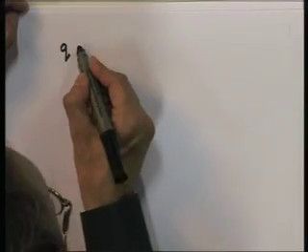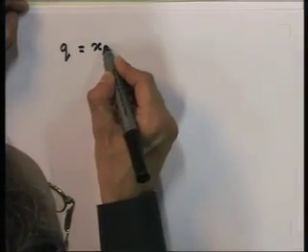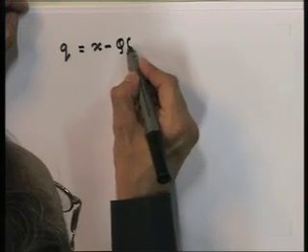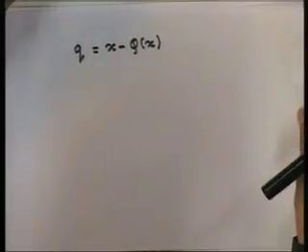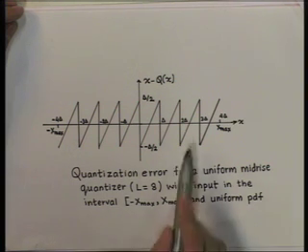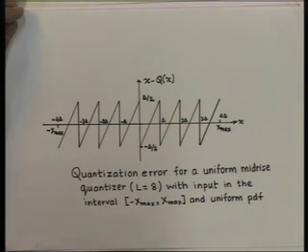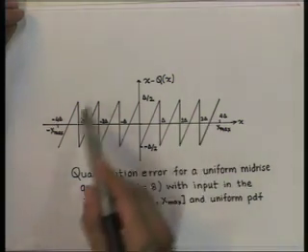The quantization error Q is given by x minus q x, and if we plot this quantization error for a uniform mid-rise quantizer for L equal to 8 with input in the interval minus x max to x max and uniform PDF, we get the following plot.